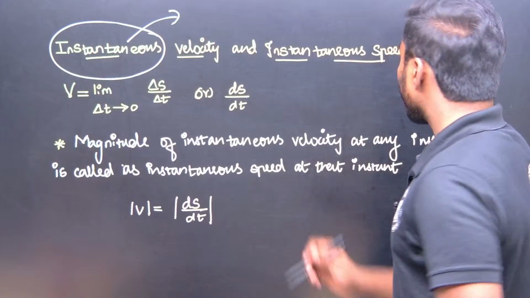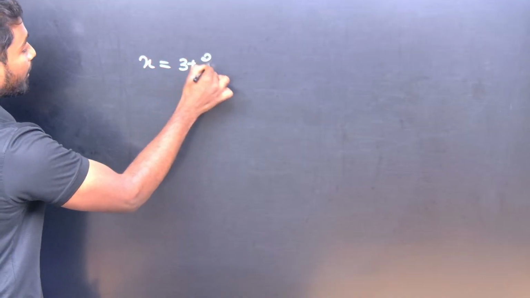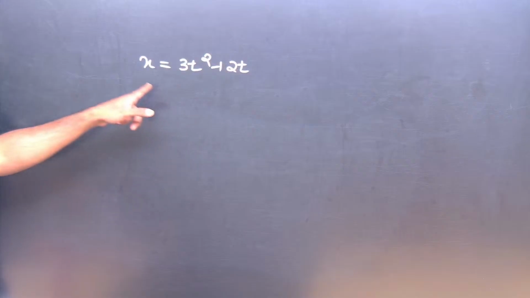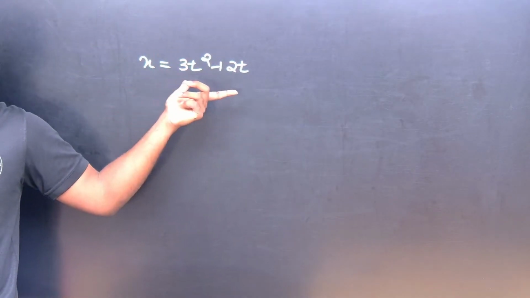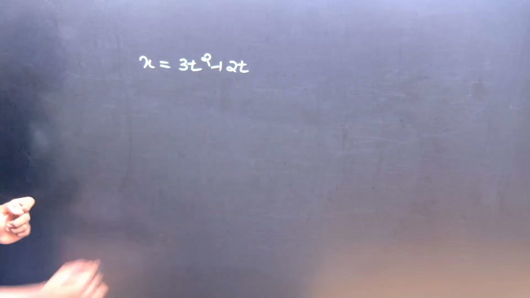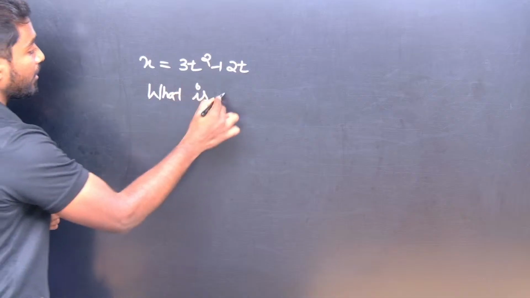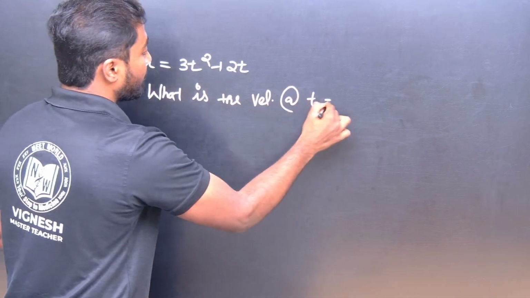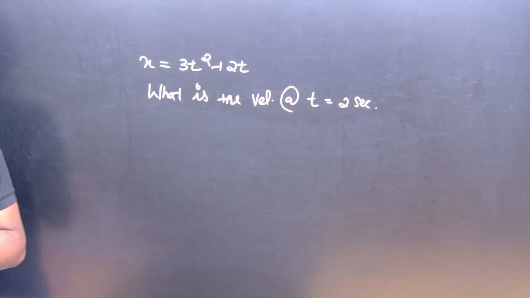Suppose an example: x is equal to 3t square plus 2t is the position equation. x is nothing but position, or s is nothing but position. This is the position equation, and they are asking what is the velocity at time t equals 2 seconds.